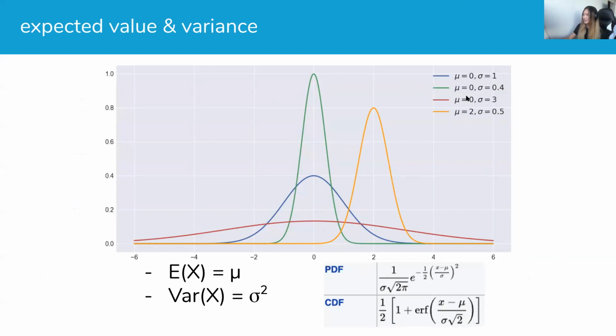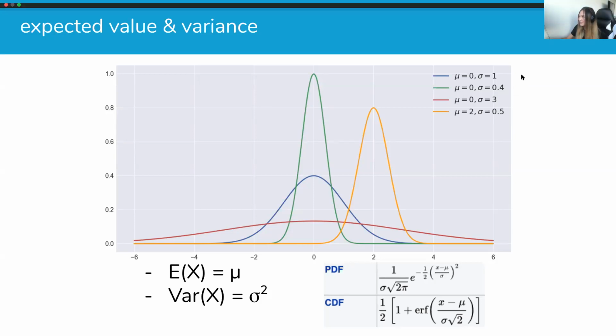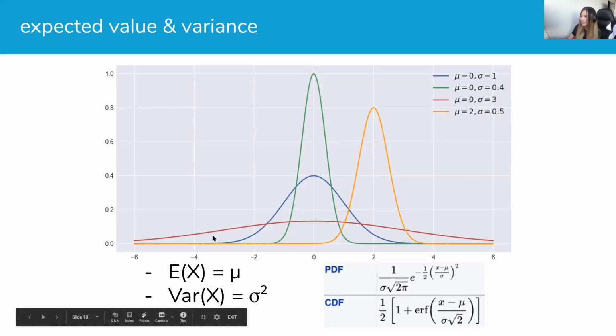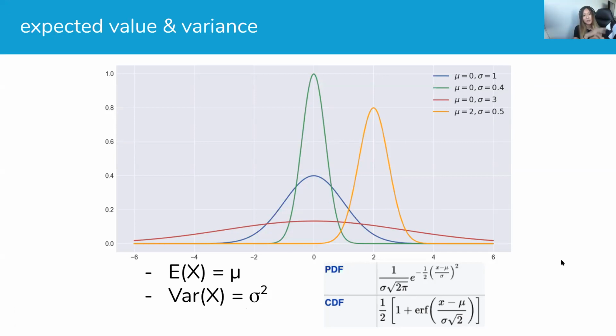In this case, the green one has a standard deviation of 0.4. That means its values are closer to the mean of 0, compared to something that is also centered at 0 but has a standard deviation of 3. This is the red line. The red line has a standard deviation of 3, so all of its values are much more spread out.